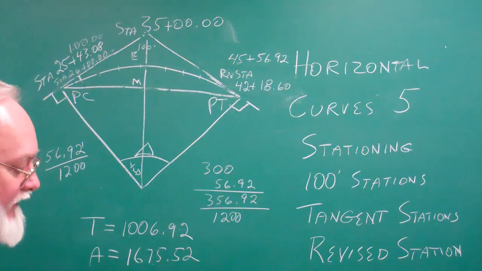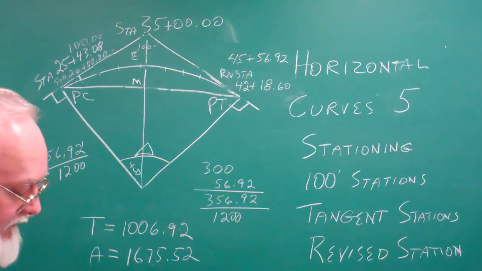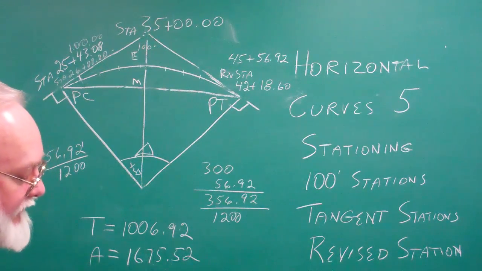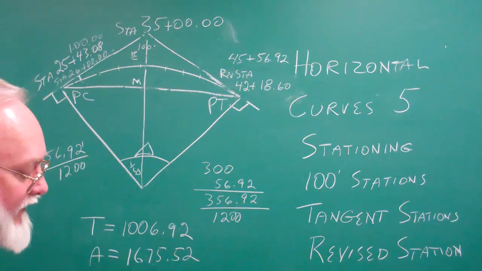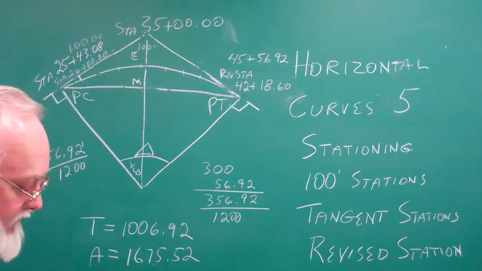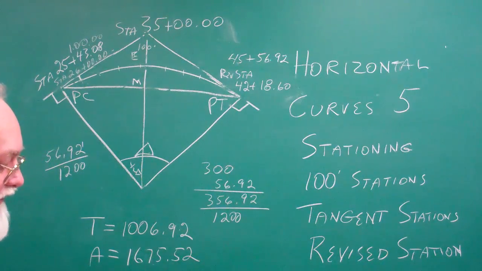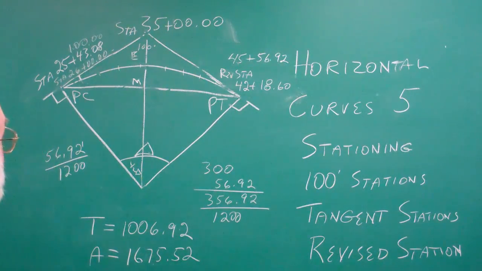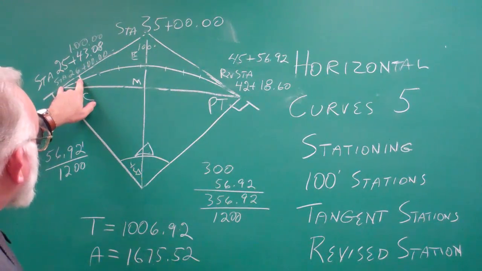Convert that to degrees. And you get that. Get the sine of that. Multiply that by 2. Multiply that by 1200. And you get 56.91, exactly 1/100th difference. But anyway, that's the formula that you use to get the chord distance.